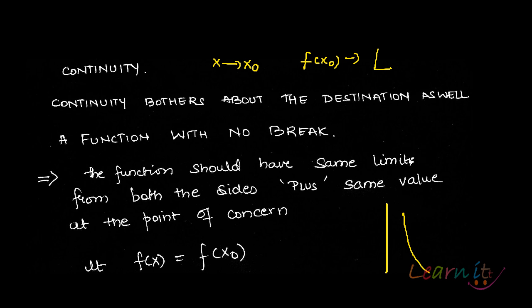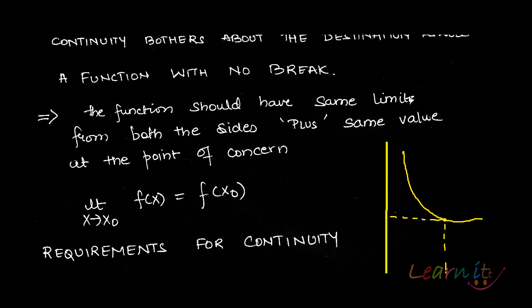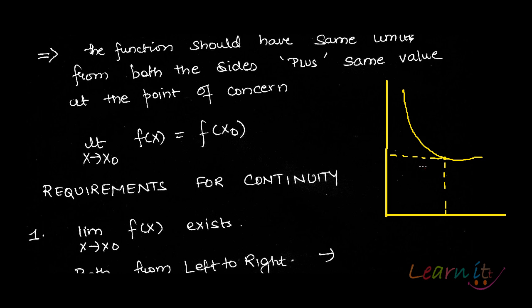What essentially we mean is that, this is my x, this is my f(x), the function should be one which could be drawn in a manner where you do not have to drop your pen at all.